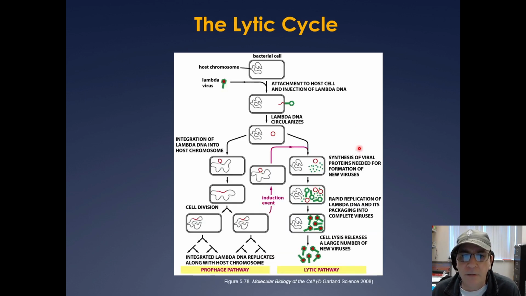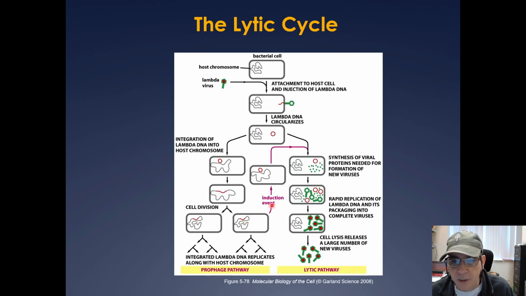Here's basically the life cycle of lambda phage. So you'll have an E. coli strain, and you get the lambda phage. It'll inject its DNA. It's circular. It will then get integrated into the E. coli chromosomal DNA, and the cells will just continually divide, and this is called the prophage pathway, where the phage DNA is just incorporated into the E. coli genomic DNA, and it can replicate and replicate.